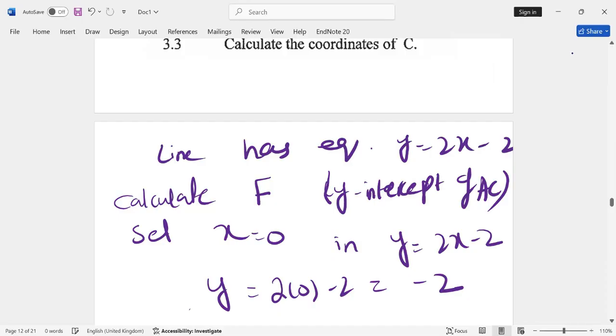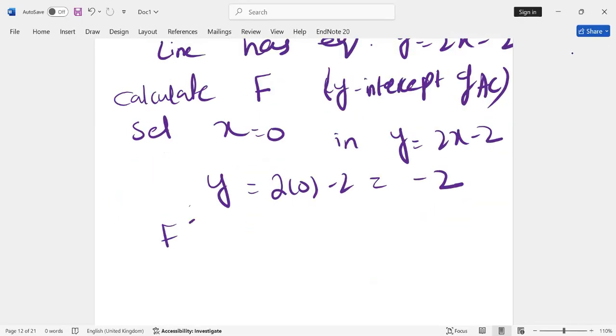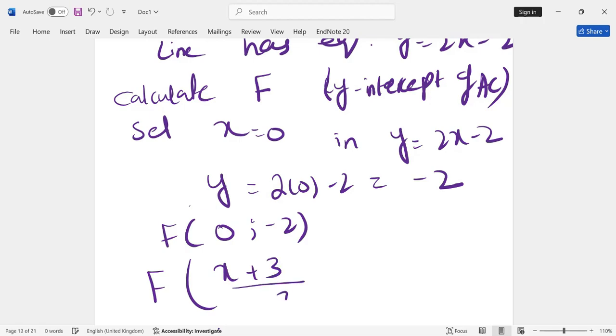The coordinates of F are 0 and minus 2. From this we have to calculate the coordinates of C. So F equals x plus 3 by 2 and y plus 4 by 2.